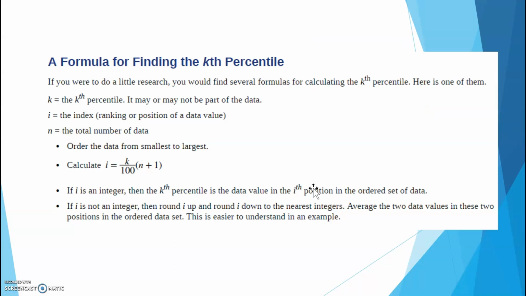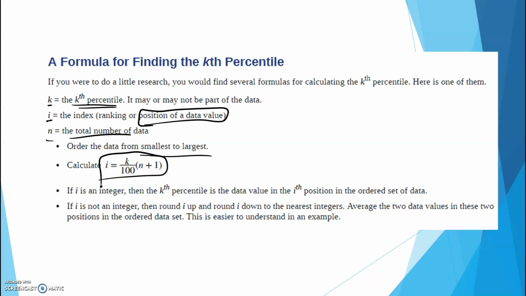Okay, now if you're trying to find the kth percentile, well, we've got a few definitions. K is going to be the kth percentile, and it's going to be the position of the data value, and that's going to be really important. N is the total number of data that you have, and since we're looking for a percentile, you still need to put the data in order from smallest to largest. And this is our formula right here. Now you could get 2 things for i.